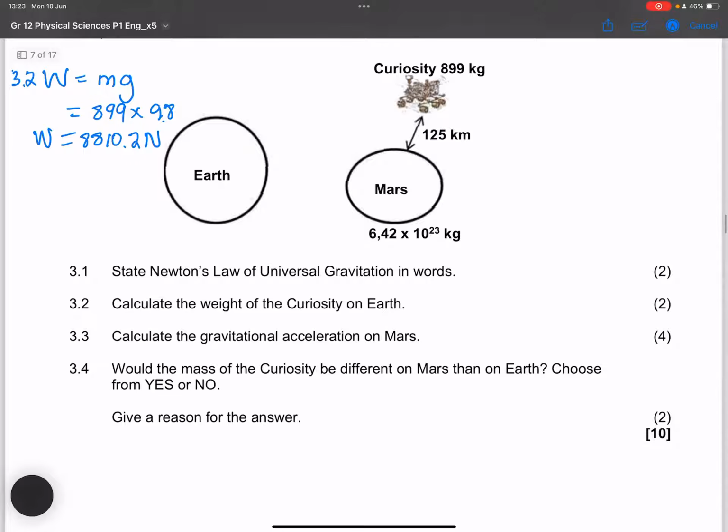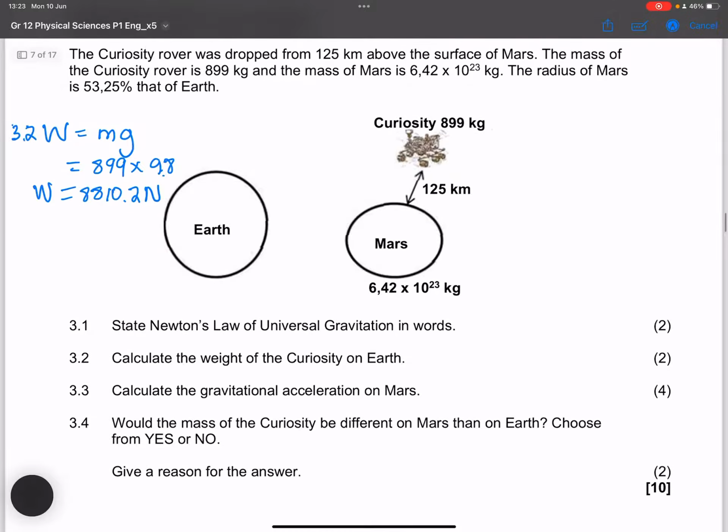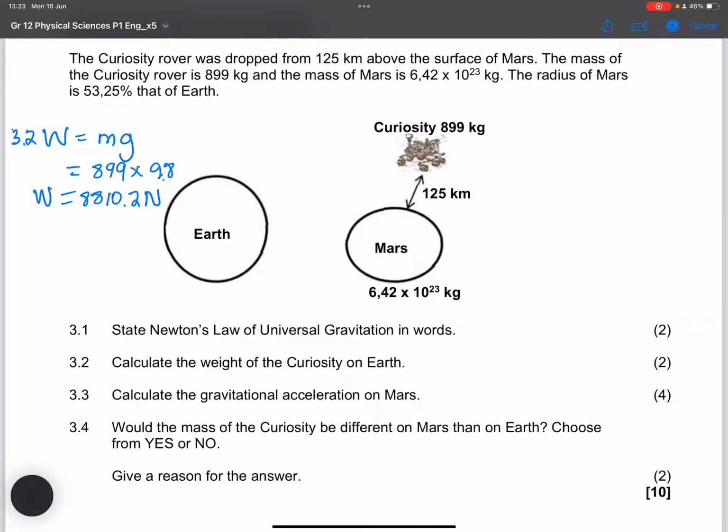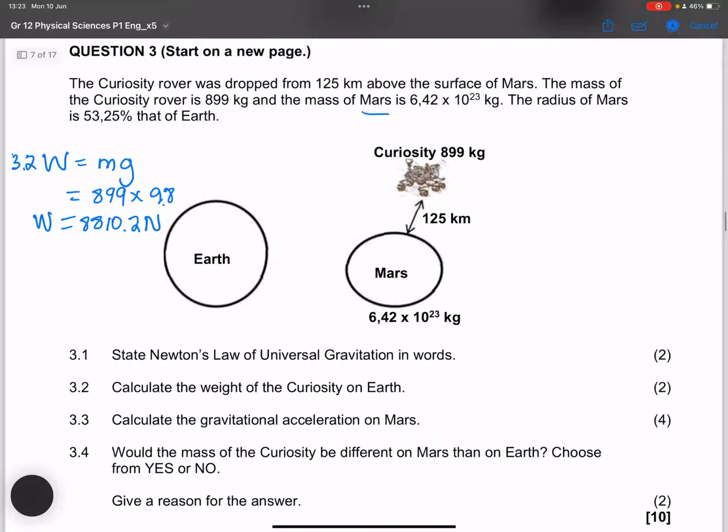Now, let's go to the next question. They say calculate the gravitational acceleration on Mars. Now, ladies and gents, please remember, we were given the mass of Mars, and we're given the percentage of the radius of Mars in relation to Earth. And remember, the radius of the Earth is always given.